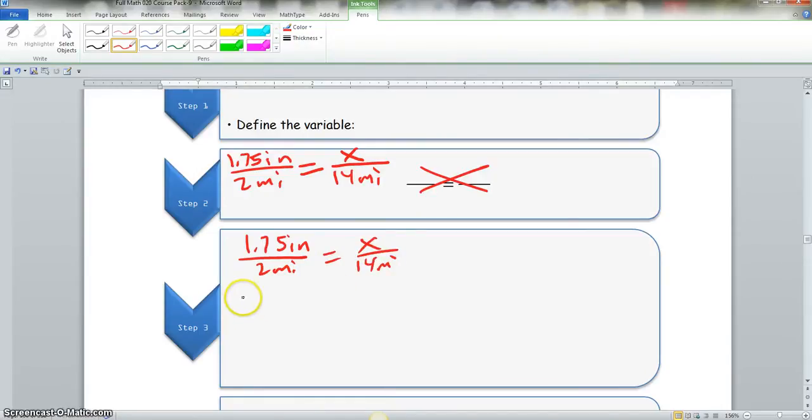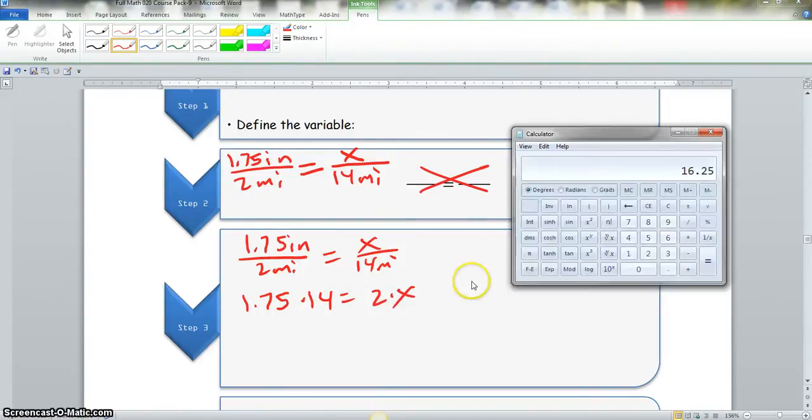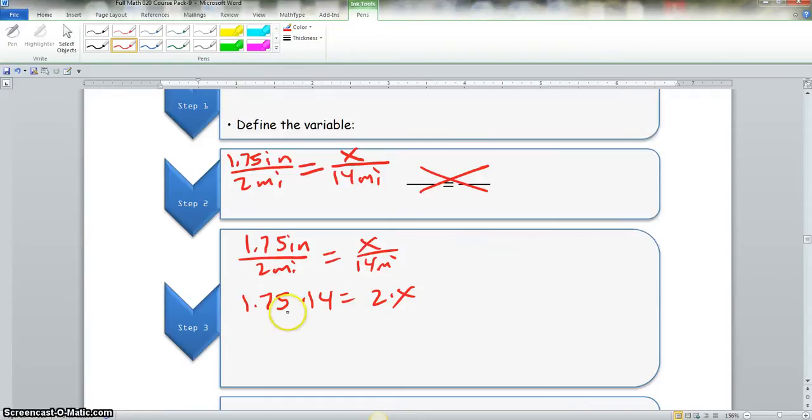Now we cross multiply. 1.75 times 14 is equal to 2 times X. Now we take our calculator, 1.75 times 14, that gives us 24.5 is equal to 2X. We divide each side by 2, and that would give us 12.25 inches is equal to X.